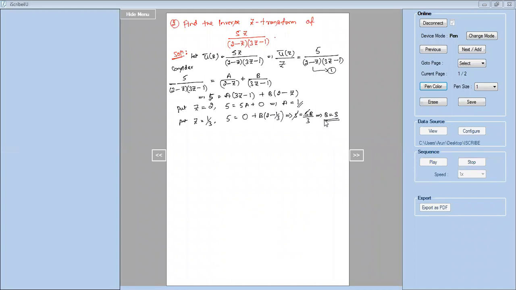So substitute these two values in this. So if I substitute, we get 5 divided by 2 minus z into 3z minus 1 equals, the right hand side, a is 1 by 2 minus z plus b is 3 by 3z minus 1.